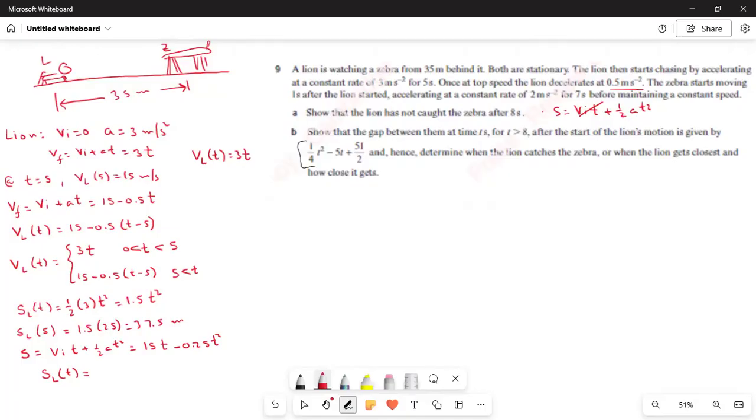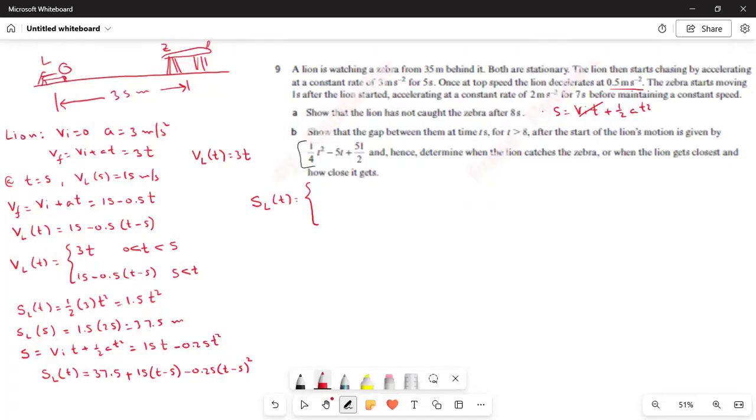And at this time, it has already traveled a distance of 37.5. So the total distance from the starting point is 37.5 plus 15 times (t minus 5) minus 0.25 times (t minus 5) squared. Okay, I hope this all is clear to you guys. So I can write this as the distance of the lion as a function of time.